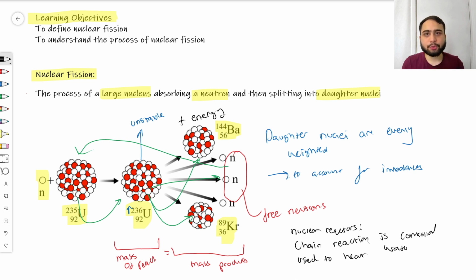When we heat water, it turns into steam, and then the steam can be fed into turbines to produce electricity. But in a nuclear bomb, these chain reactions are uncontrolled, so you have a huge amount of energy released in a very short amount of time, which is what causes the explosion. So the real difference between a nuclear reactor and a nuclear bomb is the fact that nuclear reactors are controlled using control rods. That's something that we're going to be looking at in another video as well.